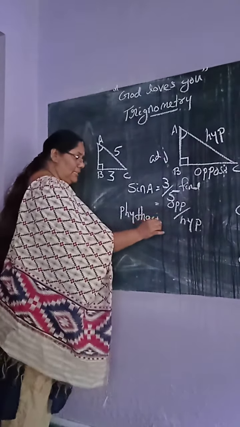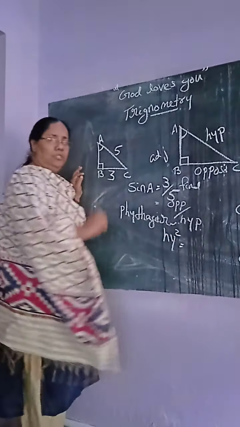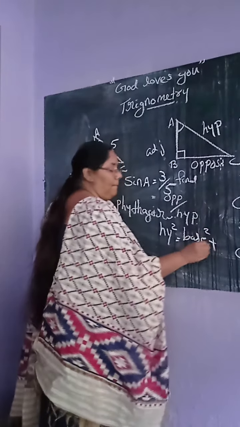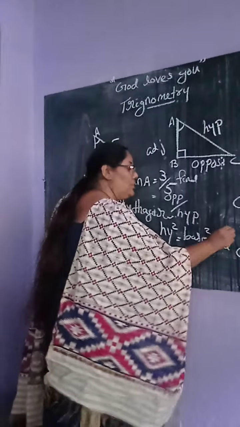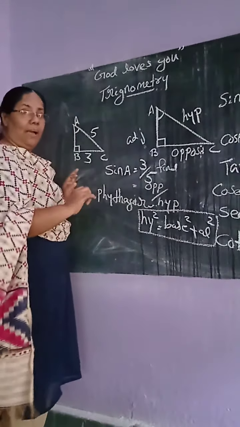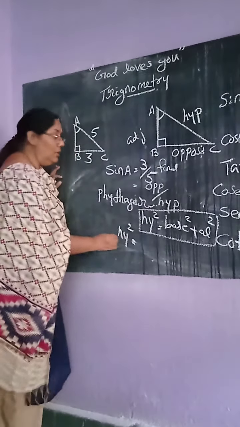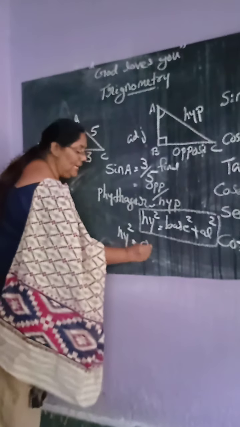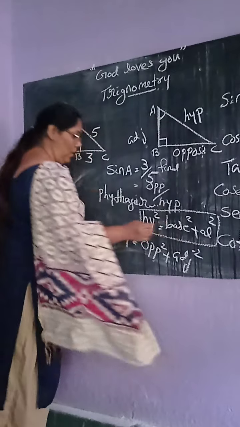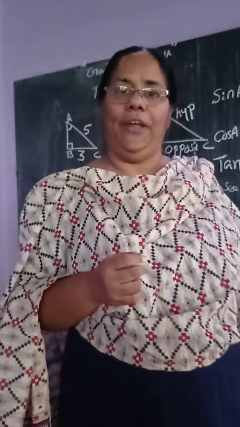Hypotenuse square is equal to base square plus altitude square. That is the general form. But here in this chapter, how can you write the formula? Hypotenuse square is equal to opposite side square plus adjacent side square.